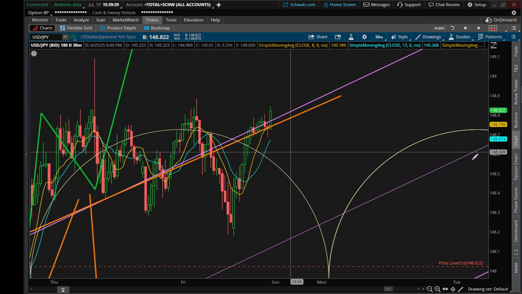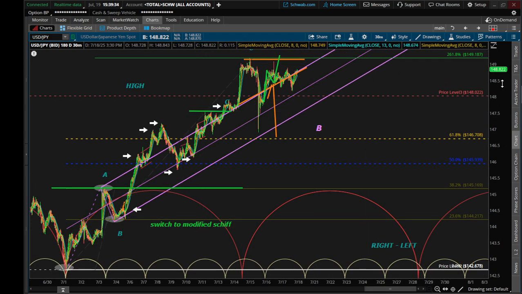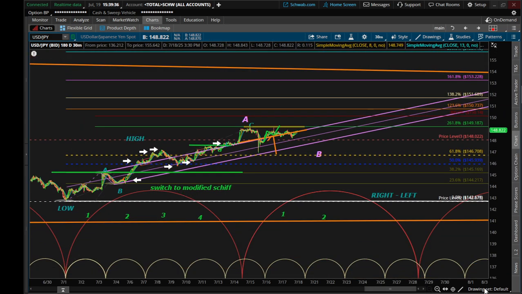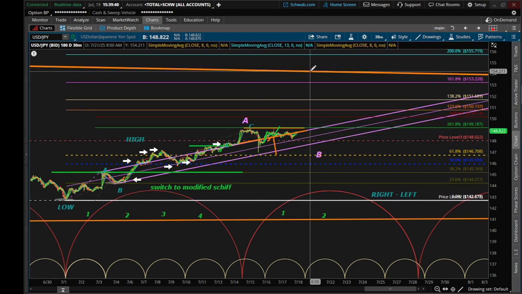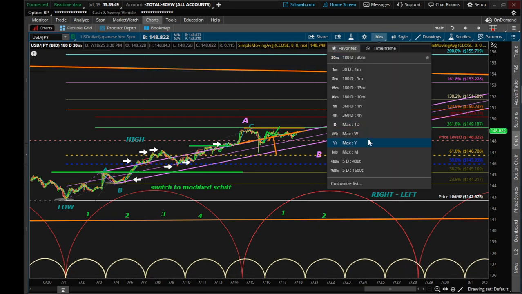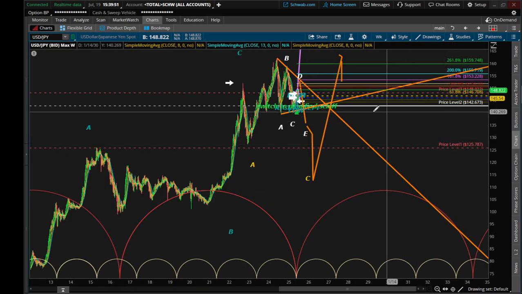But anyways, here we are. This is the triangle in the 30-minute time frame, and here's the triangle on the weekly up here at the 154. I could have sworn it said 152 on the weekly. Maybe because I'm zoomed in, it's changed.